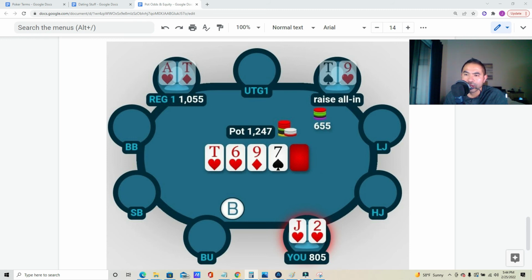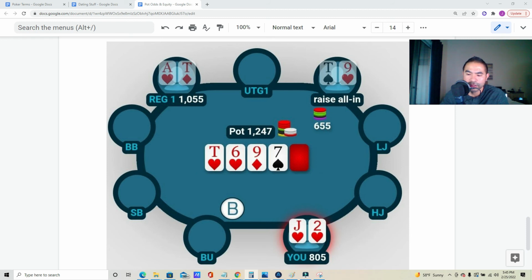So again, I'm not saying this situation happens all the time, and there's situations where you can call it off. Say he goes all in for 655 and you have $20 left. I'm not going to do the math here, but it changes. Your percent equity in outs doesn't change, but your pot odds does.